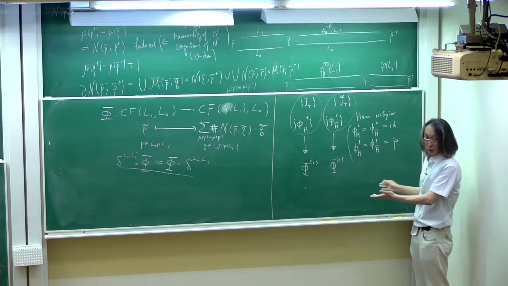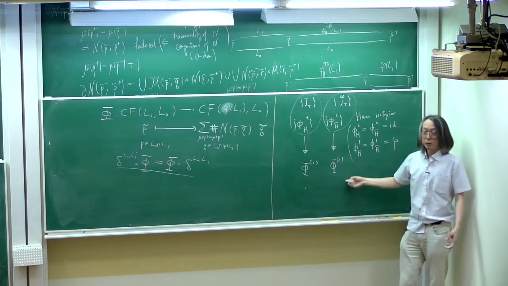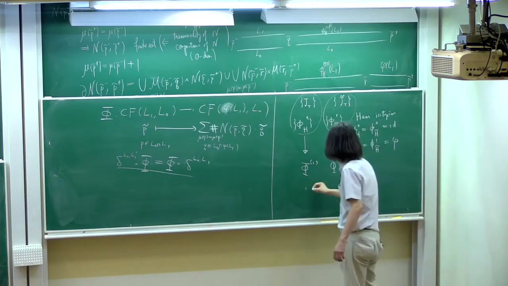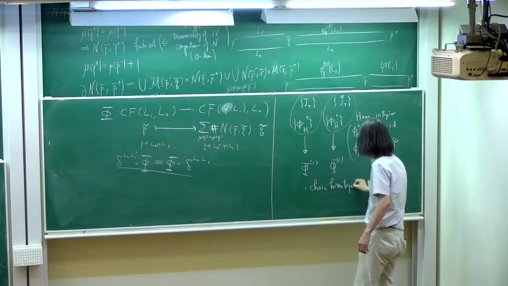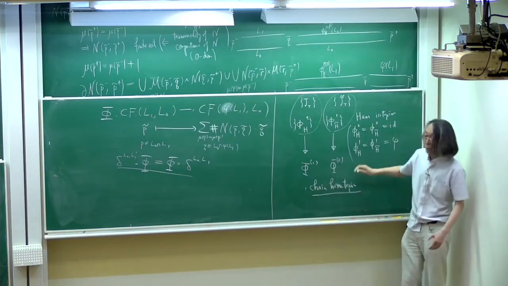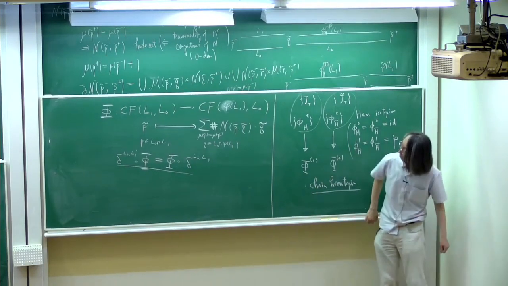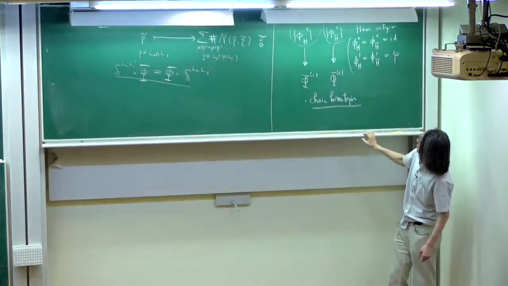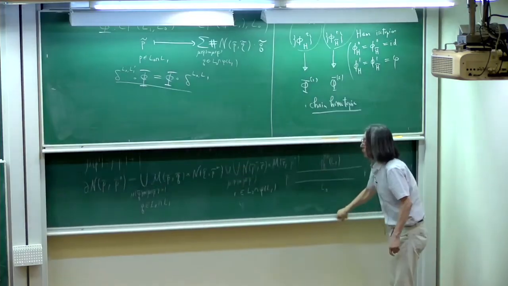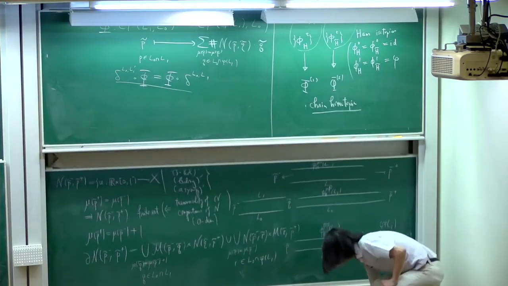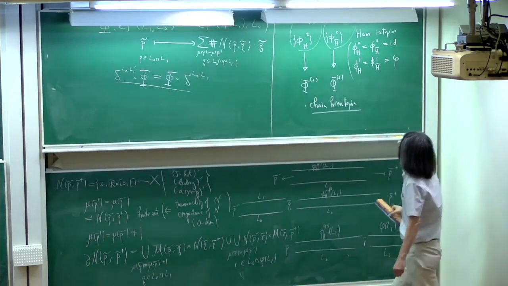Both are chain maps, and how are they related? In fact, they are chain homotopic. So we will see this. The construction depends on several choices, so therefore we need to do this.